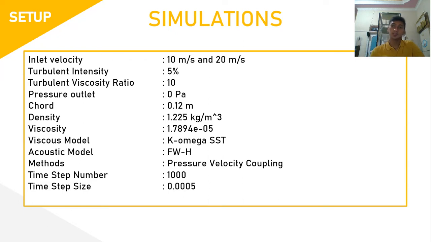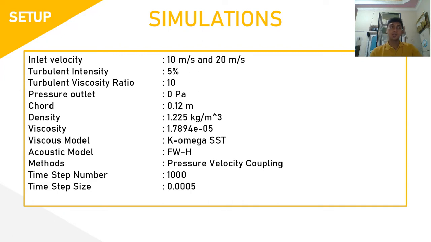Then the density, I choose sea level, 1.225 kilograms per cubic meter, and the viscosity at sea level is 1.7894.